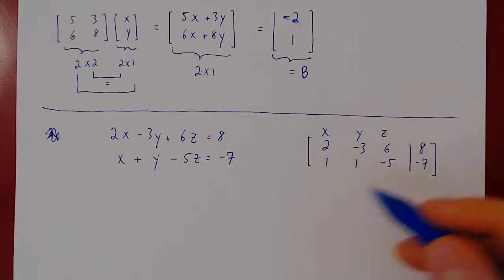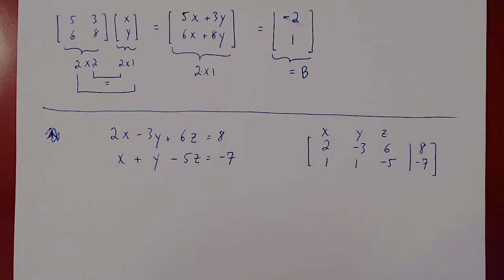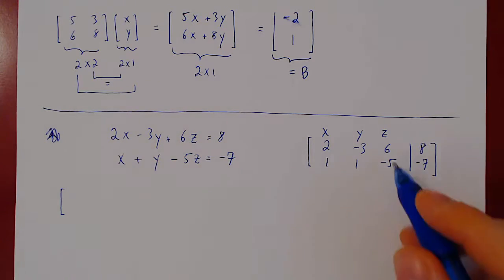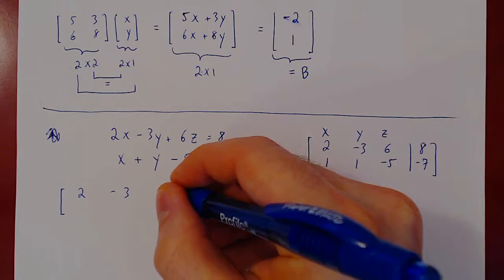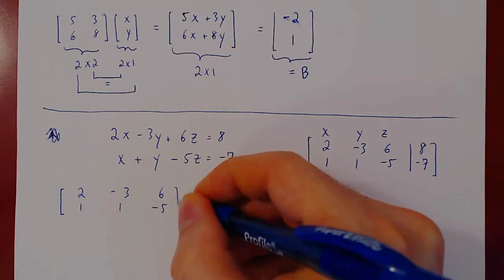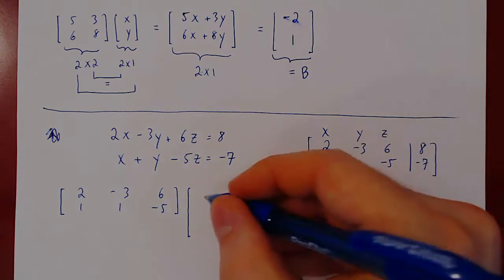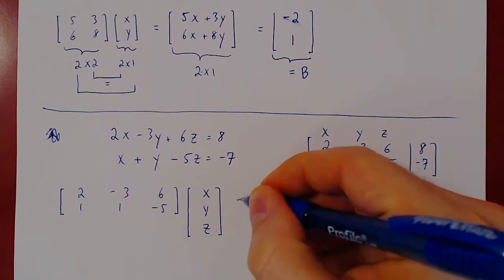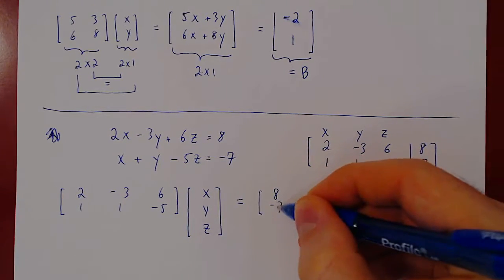You could also rewrite, as we have just done, the linear system in the form of a matrix equality. This will be equivalent to the matrix A, the matrix of coefficients, 2, negative 3, 6, 1, 1, negative 5, times the vector of variables, x, y, z, equals the vector of constants, 8, negative 7.